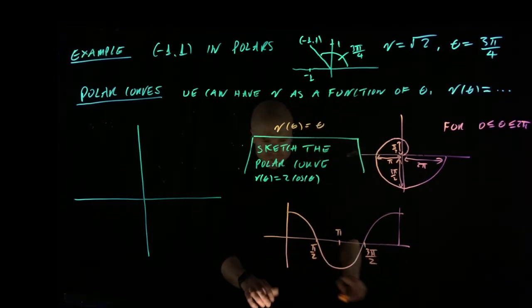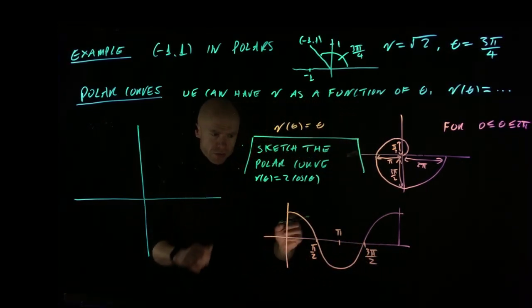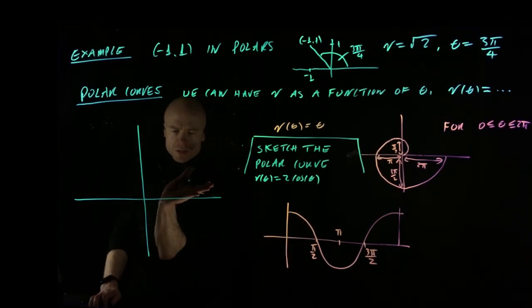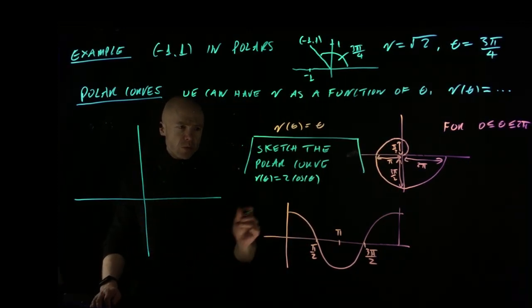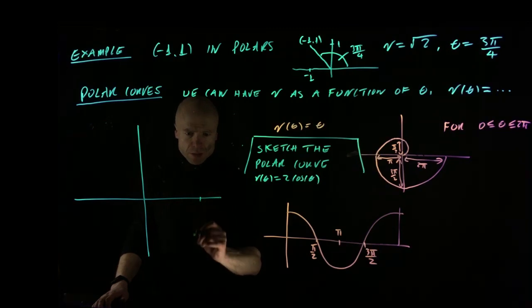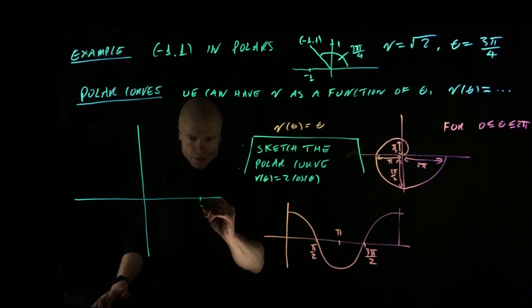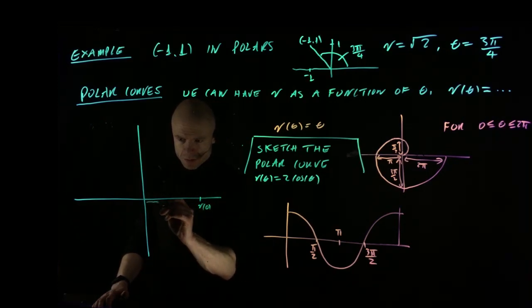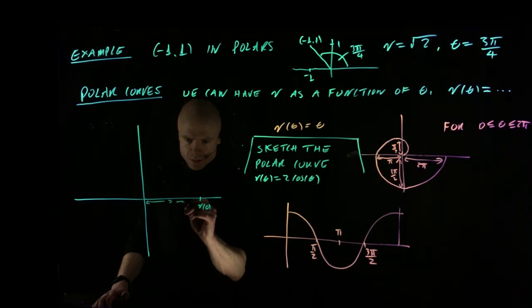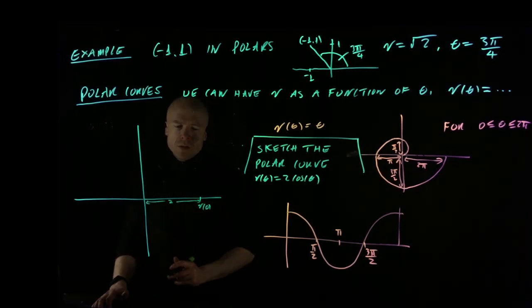Okay, so as we range from 0 to pi over 2, which is this range of angles like this, we're starting off at 2 right here. So this is r of 0, and it's at 2.